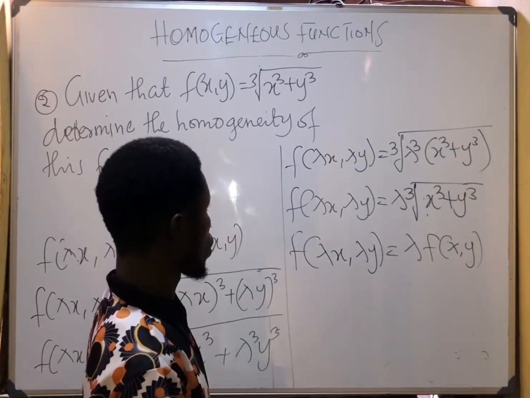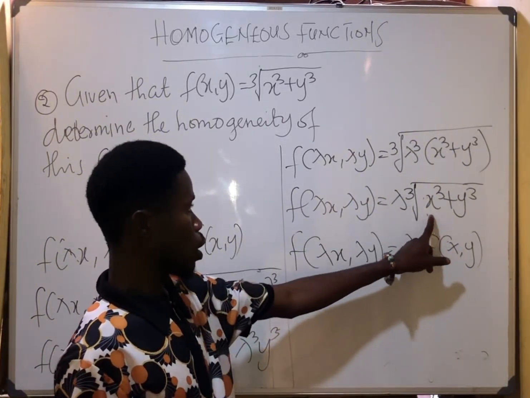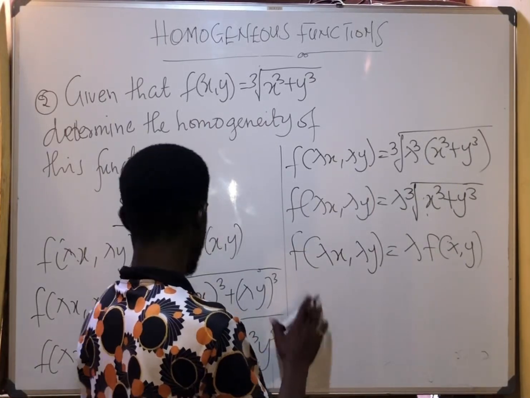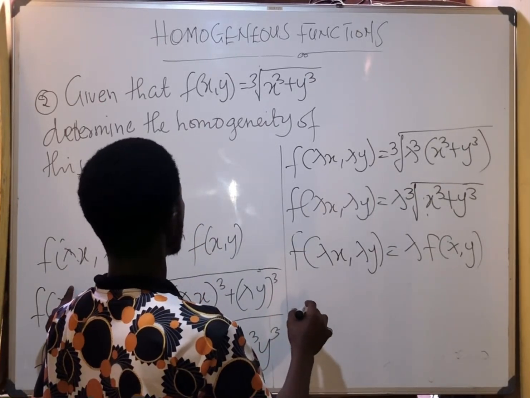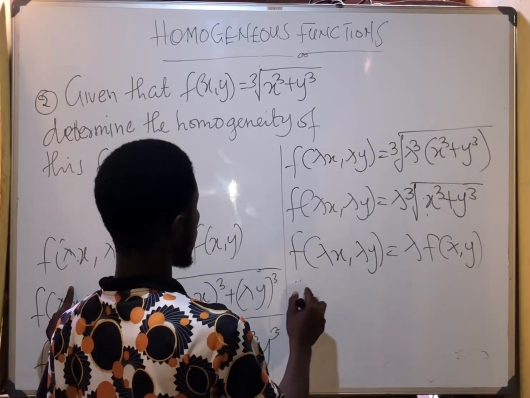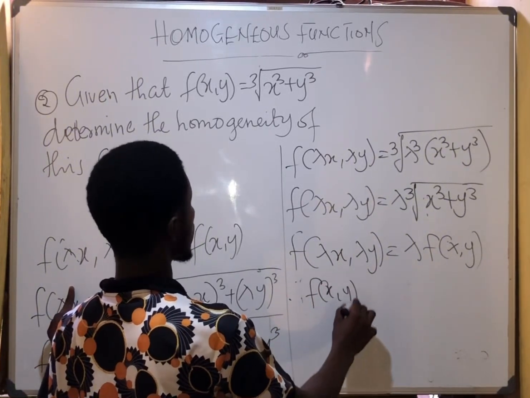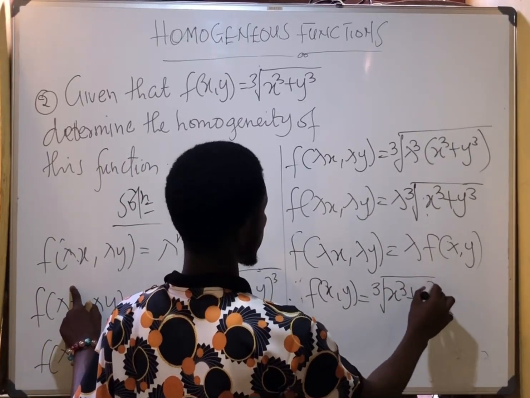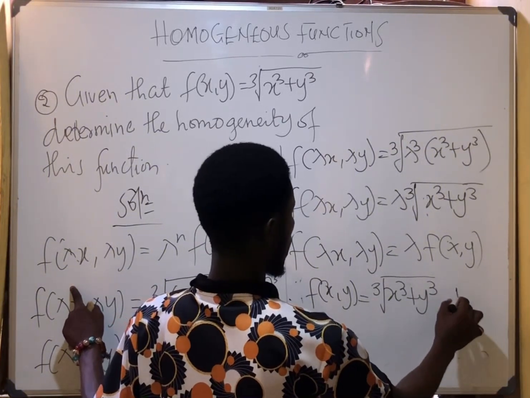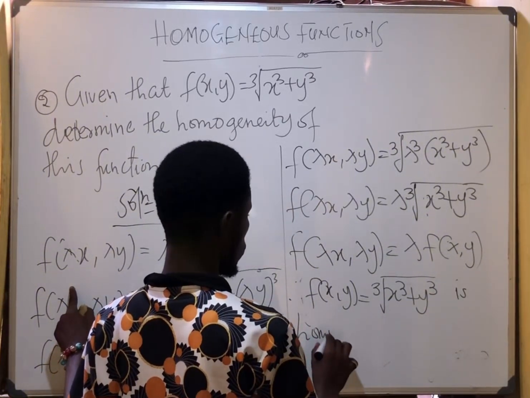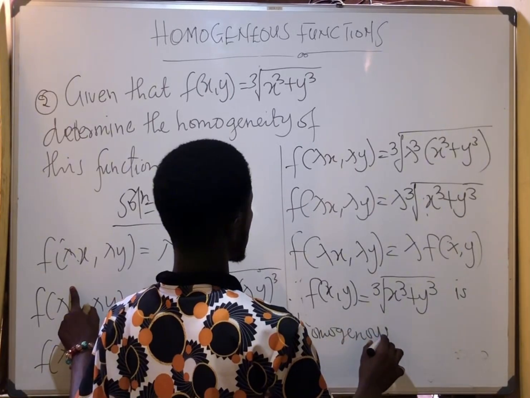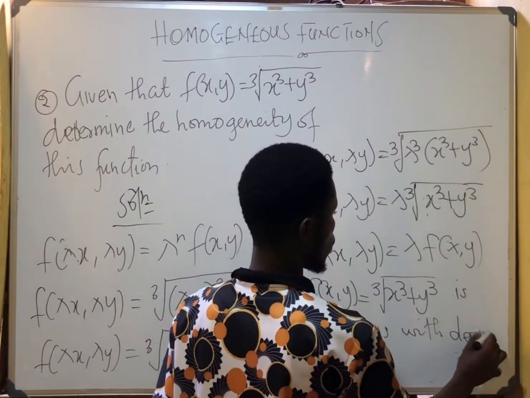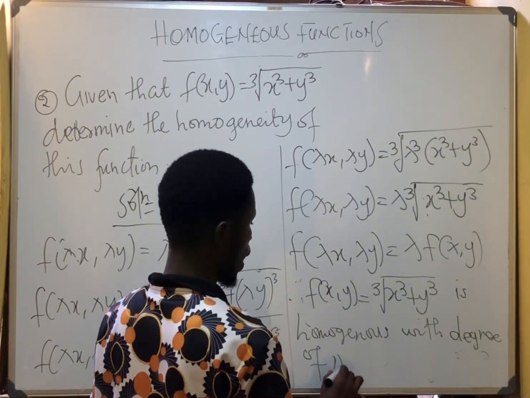Are we seeing that? Because the original function given was this, so in place of this, I can put that function f of xy there. So it means that the function f of xy equals the cube root of x cubed plus y cubed is homogeneous with degree n equals 1.